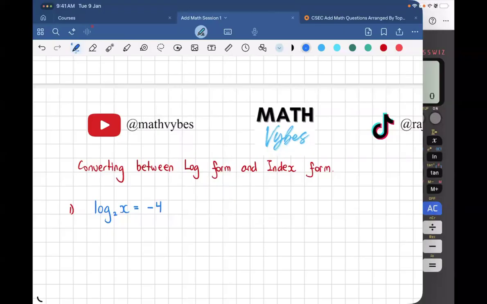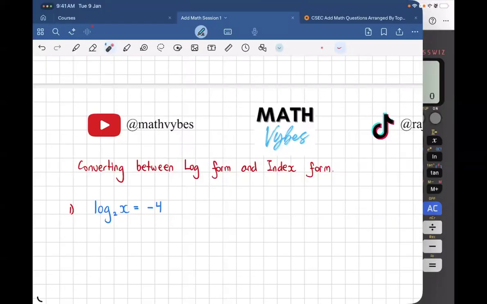Shay, do you know how to solve question one, or would you immediately think it's an invalid question? I'd say invalid. No, it's not invalid. Shay, understand the difference. I tell you guys that you can't find the log of a negative number.